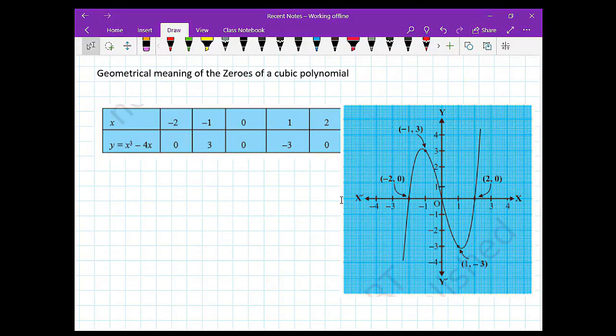In yesterday's class, we discussed the geometrical meaning of linear and quadratic polynomials, and the actual meaning of the zero of a polynomial.